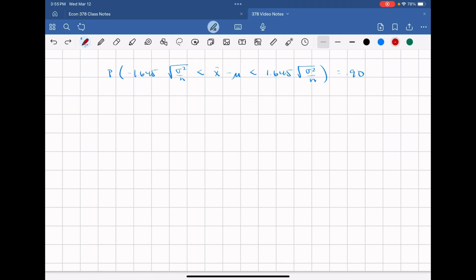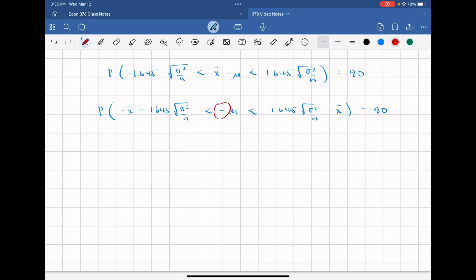Now the next thing we can do is subtract x bar from each side. So the probability that negative x bar minus 1.645 times the square root of sigma squared over n is less than minus mu, which is less than 1.645 times the square root of sigma squared over n minus x bar, equals 0.90.